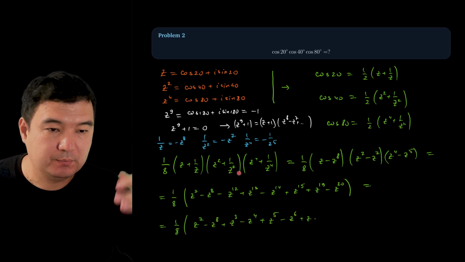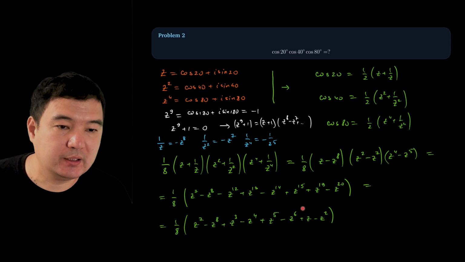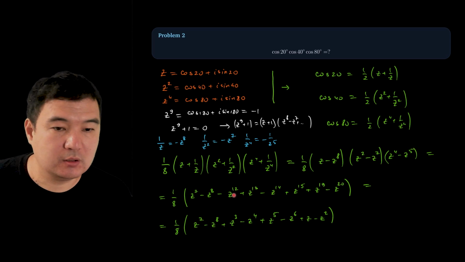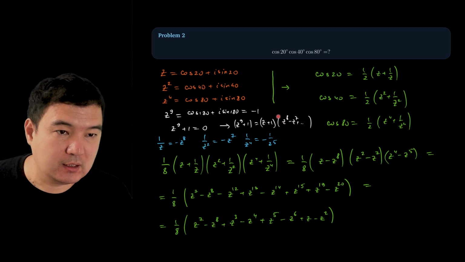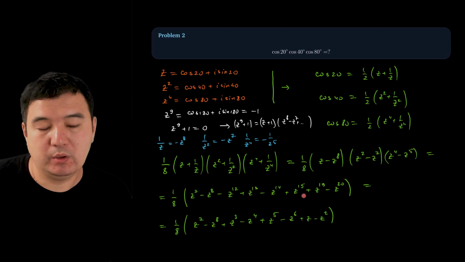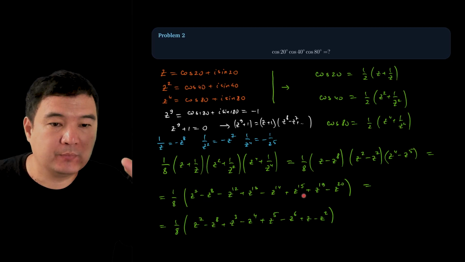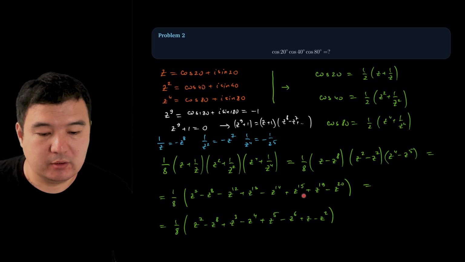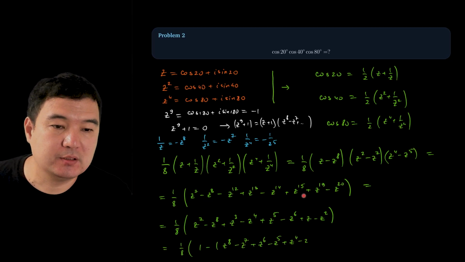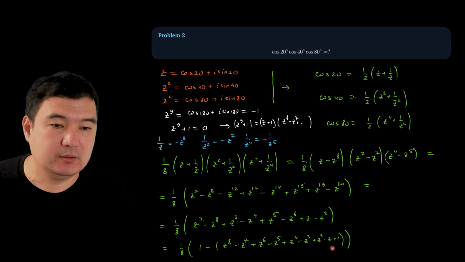Now when we reduce, you can rearrange these terms, because it's related to this factorization. We have 8, 7, 6, 5, 4, 3, 2, 1. We only don't have z to the power 0, but we have all the other terms. So I can rewrite the expression as follows: 1 minus this term.